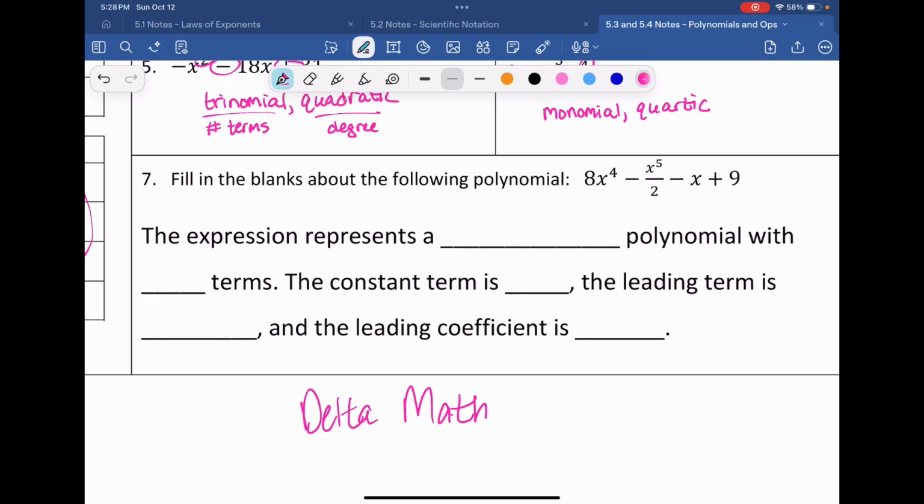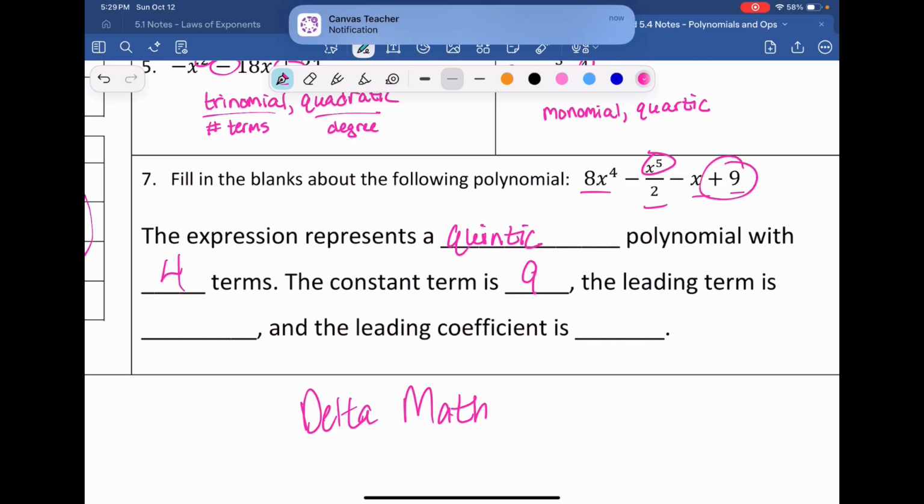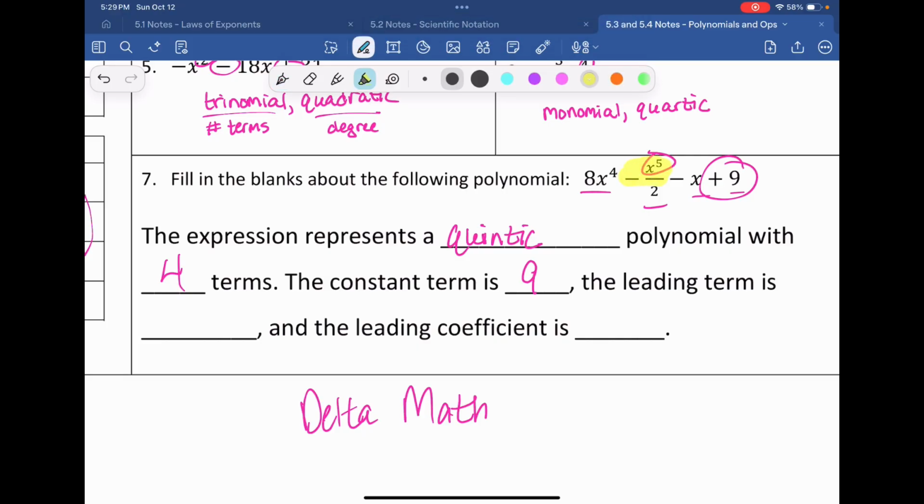So the highest exponent is the 5, so this is quintic. With how many terms? It's got 4. The constant is the number without the variable. That is the 9. The leading term is the piece that actually has the highest variable. So it is all of that.